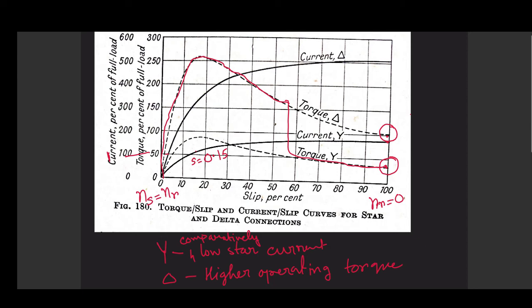This much torque, why do you need some starting torque? Just make sure that your motor runs. Even this much torque is sufficient to overcome the no load friction and other retarding torque that is acting on the machine. So you can start in star, and once your machine starts building speed, you switch to delta.